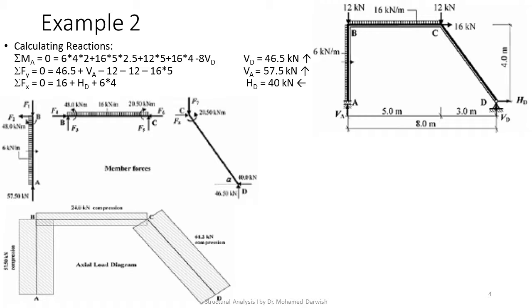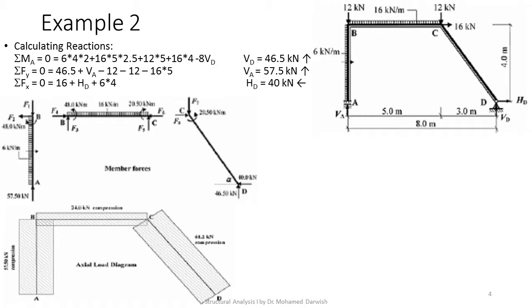You should clarify. For member AB, it's very easy, by the way. It's simply the reaction. So if you take a cut anywhere between A and B, you'll find 57.5 kilonewtons in compression. Okay. If you take a cut between B and C, what will you see?